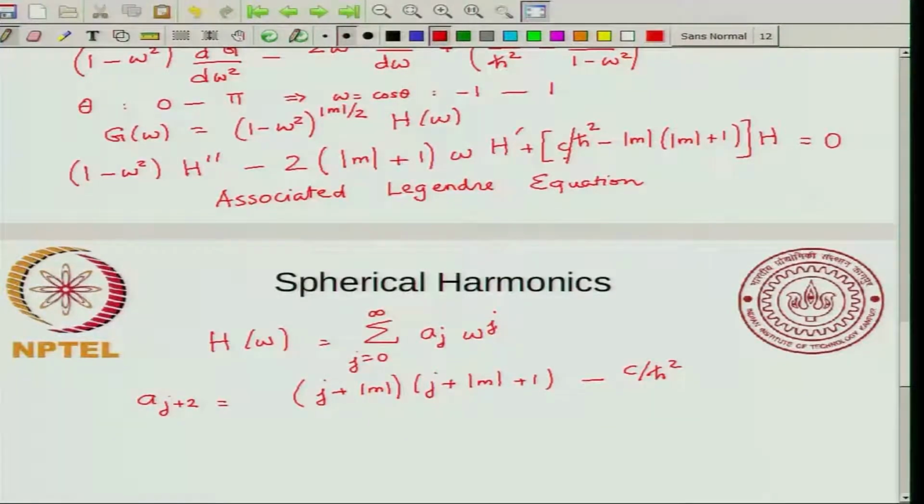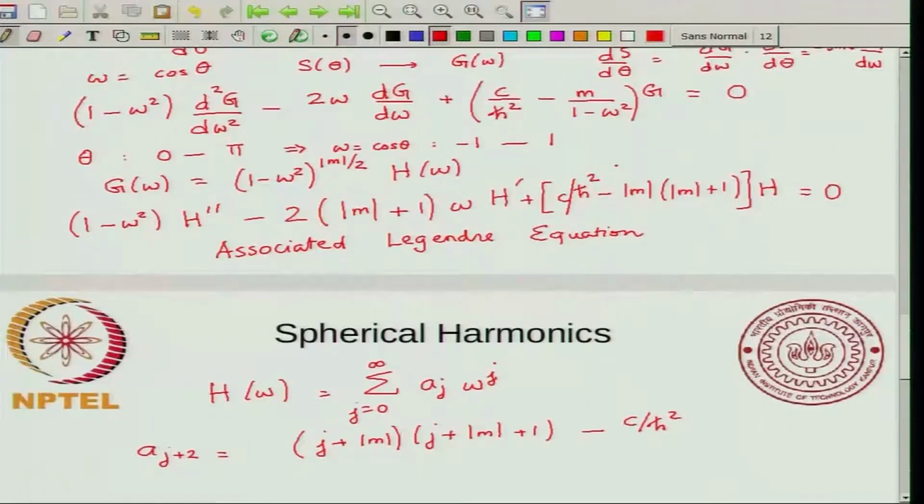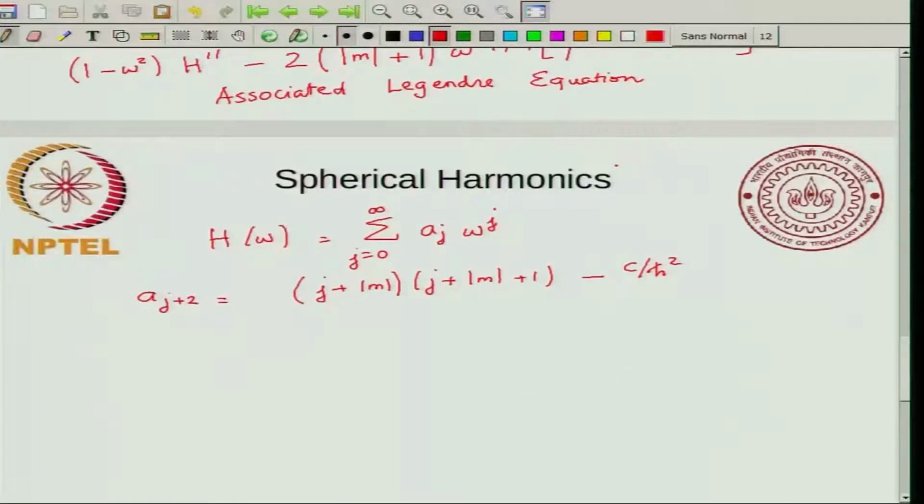This should have been c divided by h bar square in the differential equation. The whole thing divided by j plus 1 times j plus 2, times a j. You can see from here that it looks a lot like the recursion relation for the Legendre polynomials. In fact, these polynomials are called the associated Legendre polynomials, which are closely related to the Legendre polynomials.